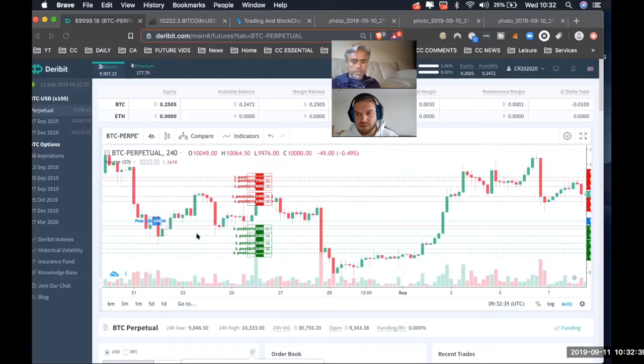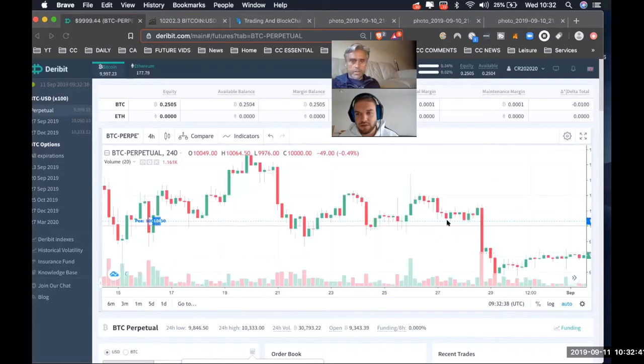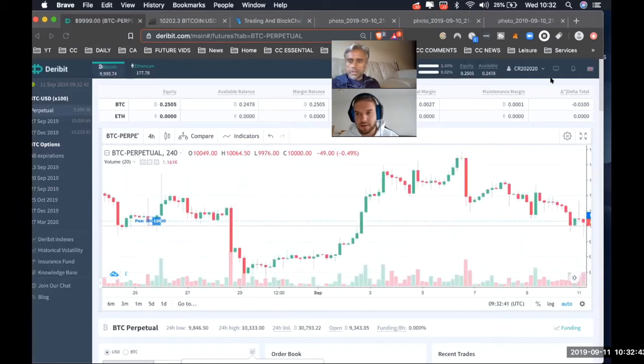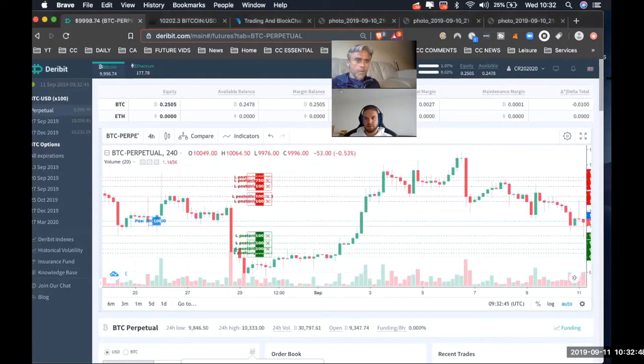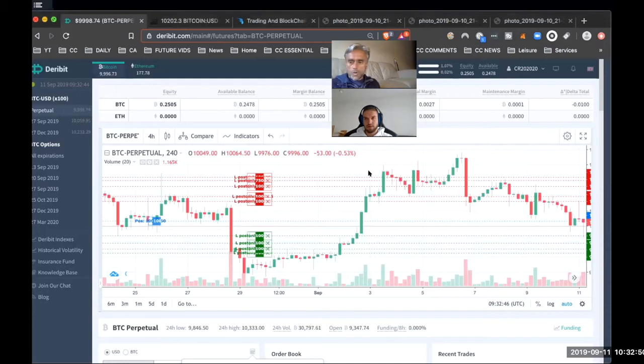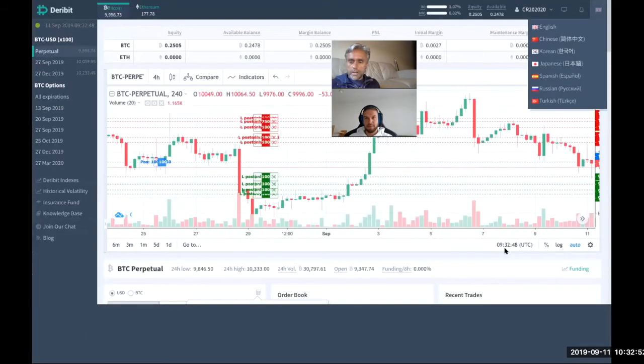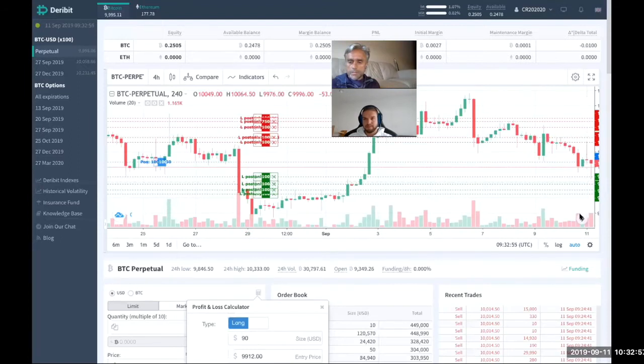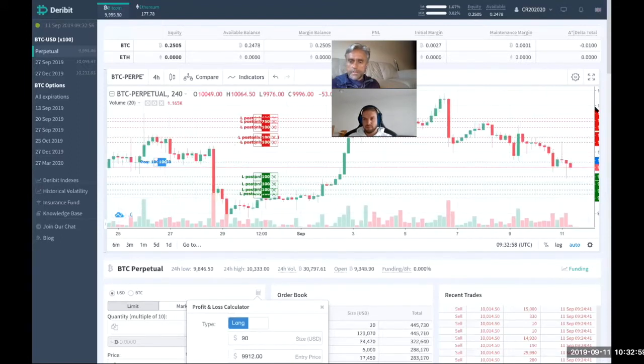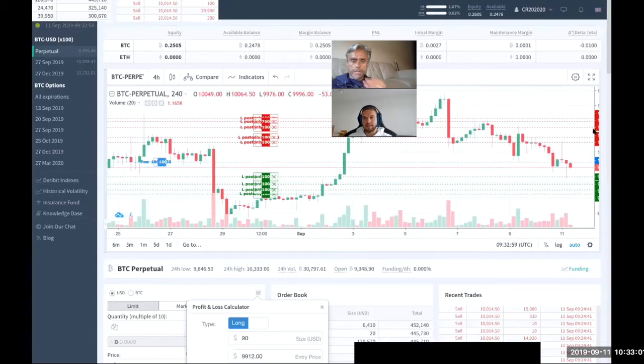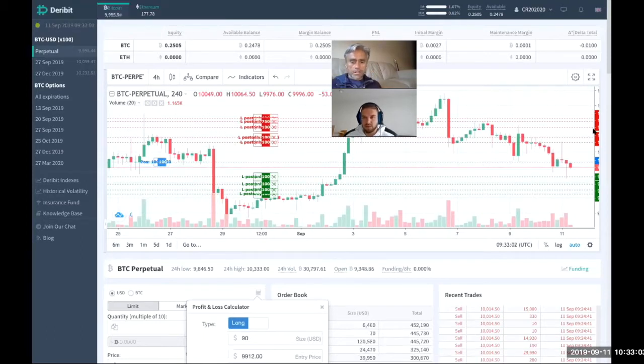Why is it not showing? Maybe it's cut off the screen. It's something to do with my browser. Yeah, it's cut off, but we can do it without showing.